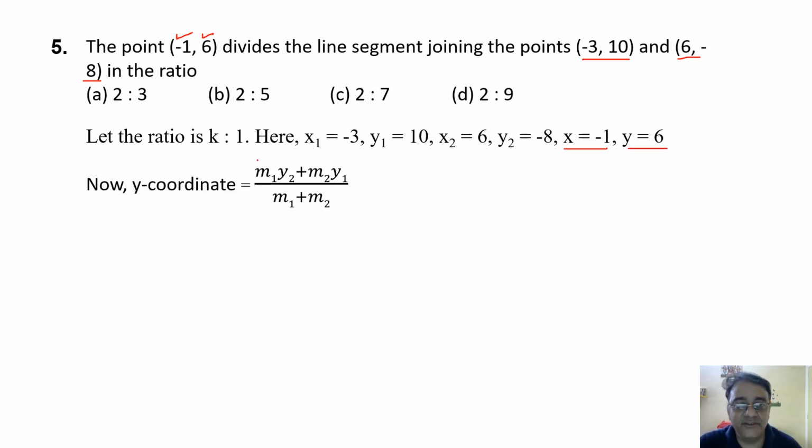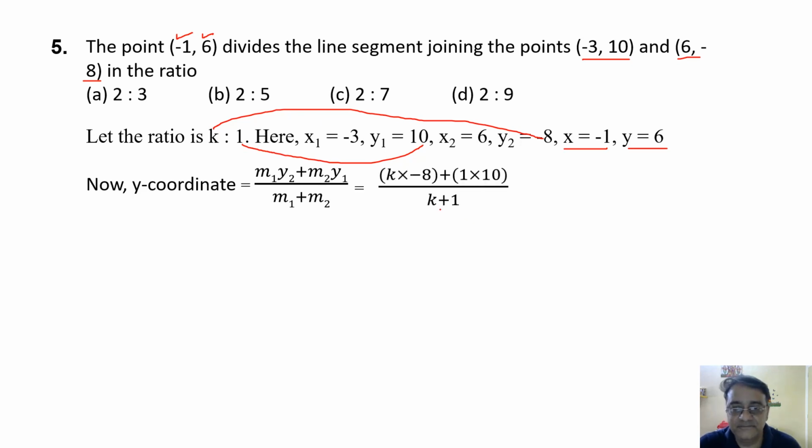So we get k into -8 plus 1 into 10 upon k plus 1. So -8k plus 10 upon k plus 1 equals 6. Here we will do cross multiplication. So -8k plus 10 is equal to 6k plus 6.